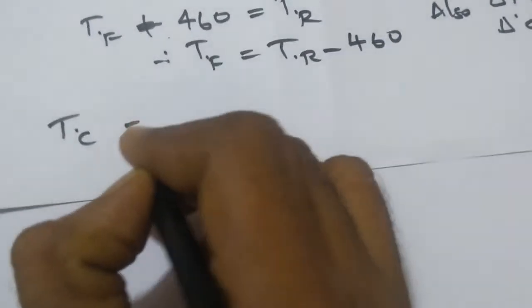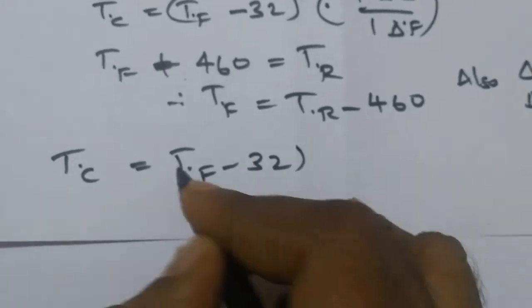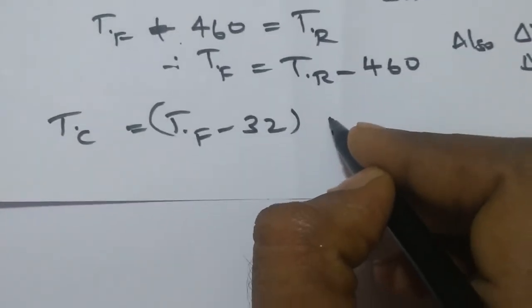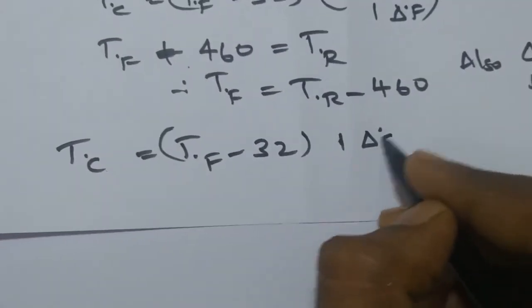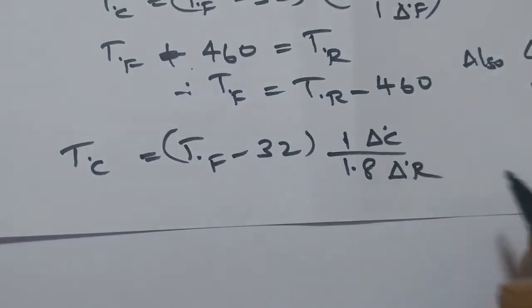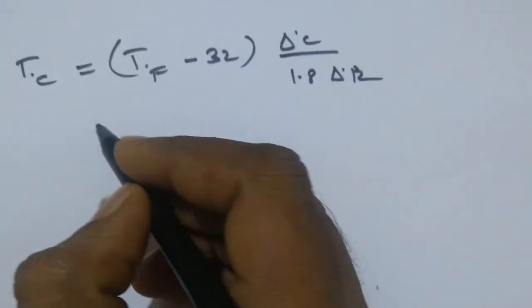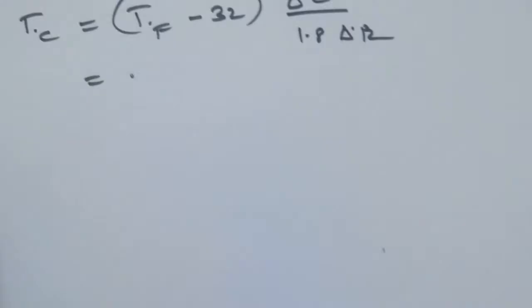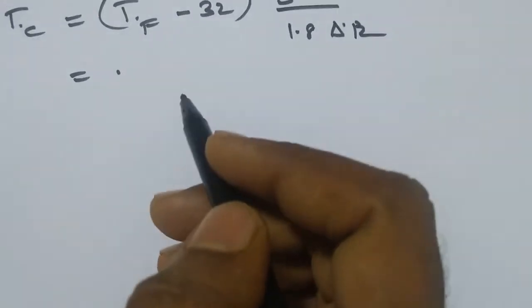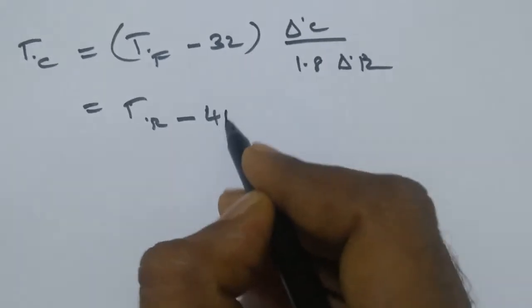Temperature degree Celsius is equal to temperature degree Fahrenheit minus 32 into 1 delta C by 1.8 delta R. Further we can write temperature degree Rankine minus 460.